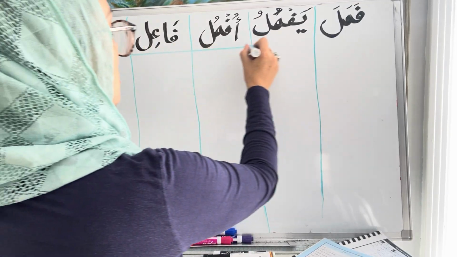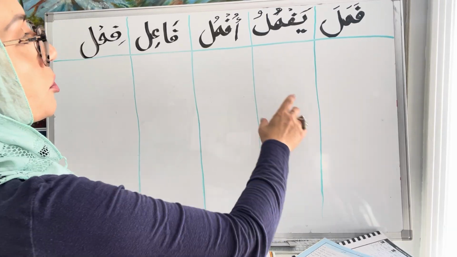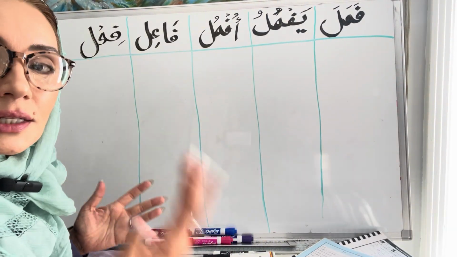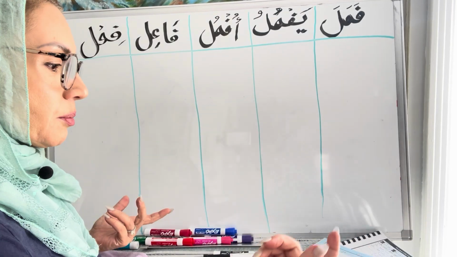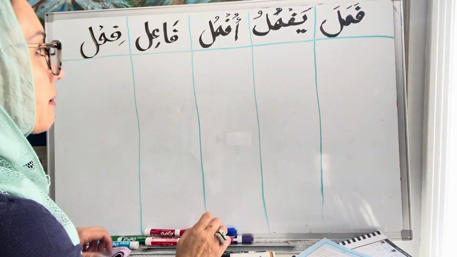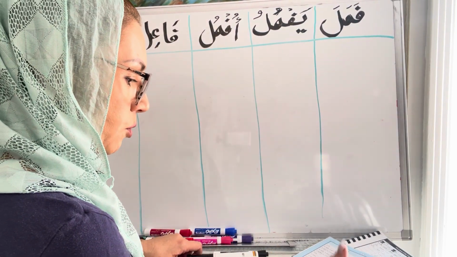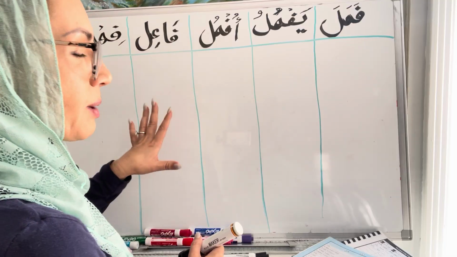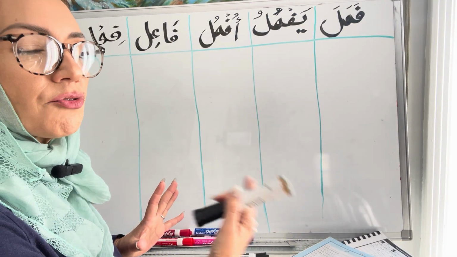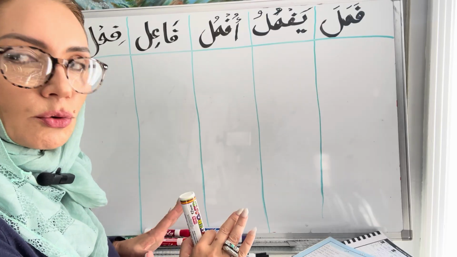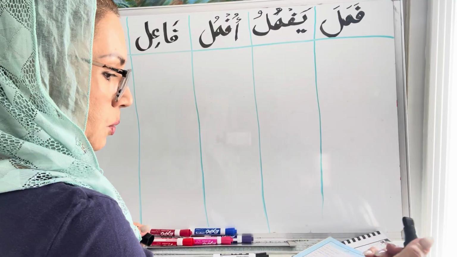We're trying to put these verbs in these forms and create basically five different words from this one word, which is the verb. So the first one we have, of course, this whole section falls under bab nasara yansuru. The first one we have is going to be the word nasara.